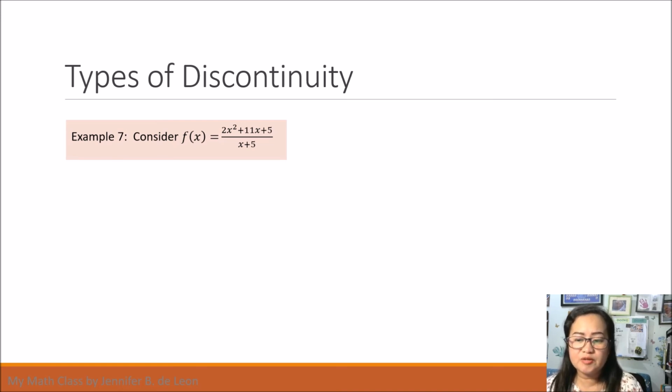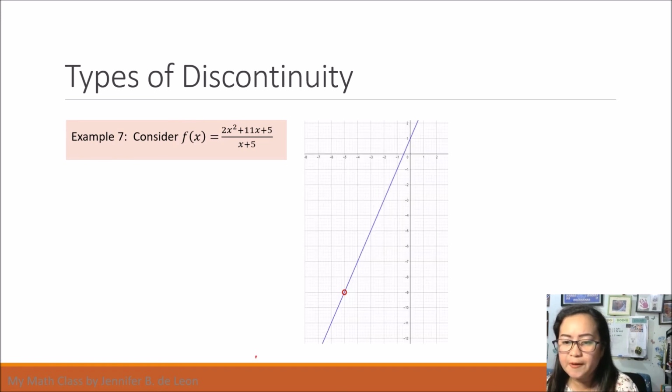So this time we determine what kind of discontinuity this function has. Using the graphical method, we would have this kind of graph in which x equals negative 5 is not allowed because the denominator would be zero.